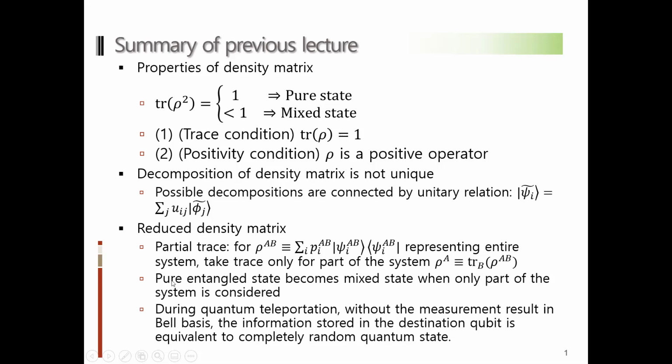One of the interesting situations is if two or more particles, or qubits, are entangled with each other, then even if we started with the pure entangled state, they become a mixed state.